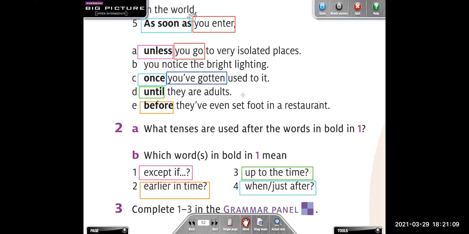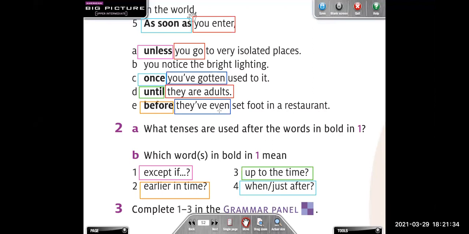What about the next one? They are adults. Present simple. And the last one, they have even set foot in a restaurant. Present perfect. Okay, so as you can see, it's the same rule we said before.